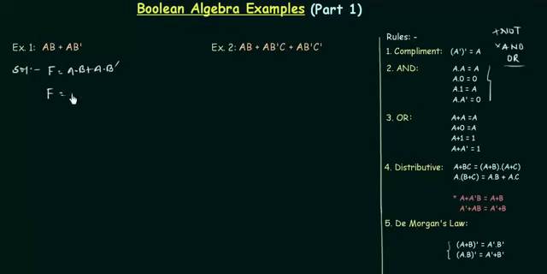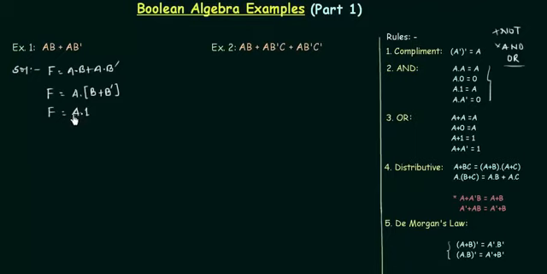So function f is equal to, you can see A is common in both the literals. So I will take A common, and in the bracket I'm left with B or B complement, and B or B complement is equal to 1. Here you can see A or A complement is equal to 1, so B or B complement is also 1.